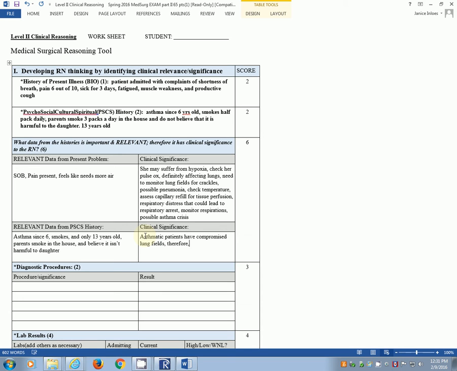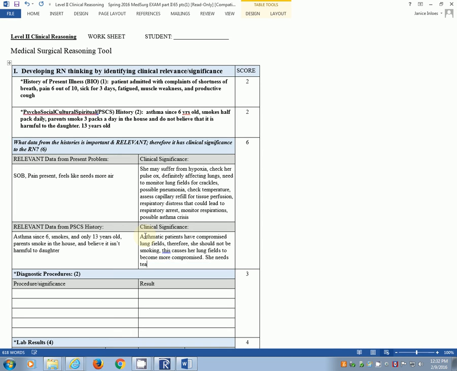Therefore, she should not be smoking. It will cause her lung fields to become more compromised. She needs teaching on smoking cessation.